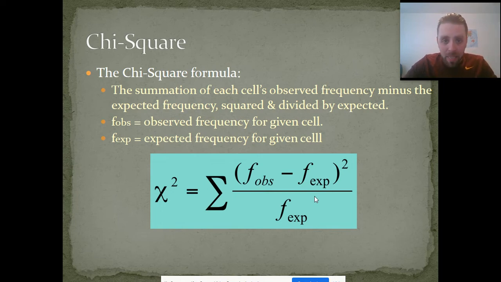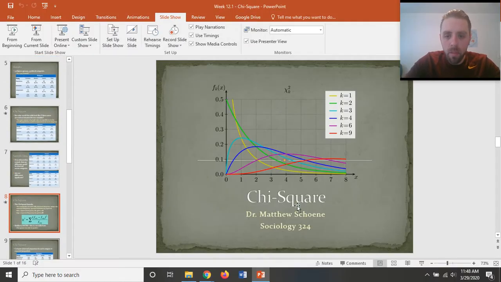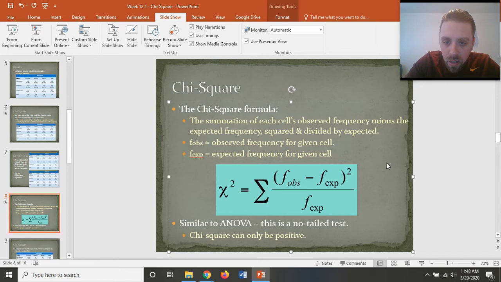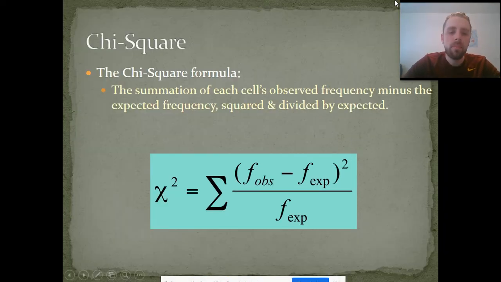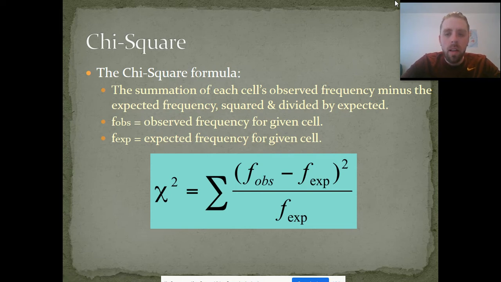Let F expected stand for the predicted frequency for a given cell. And that has to be calculated by predicting what would be the expected frequency.